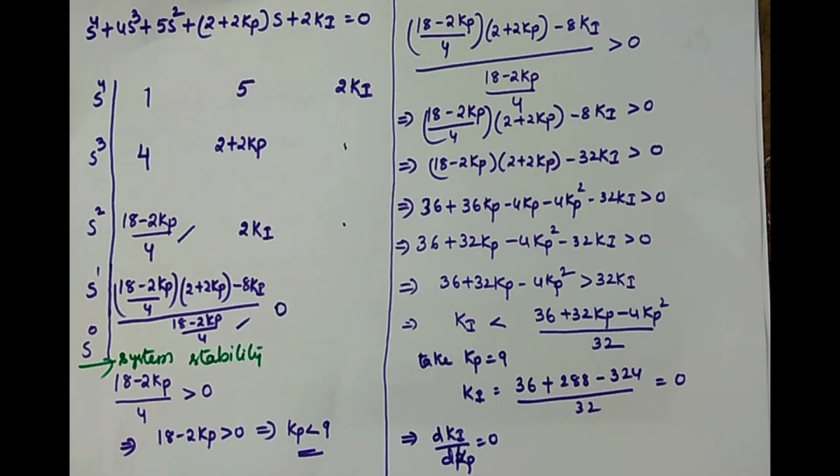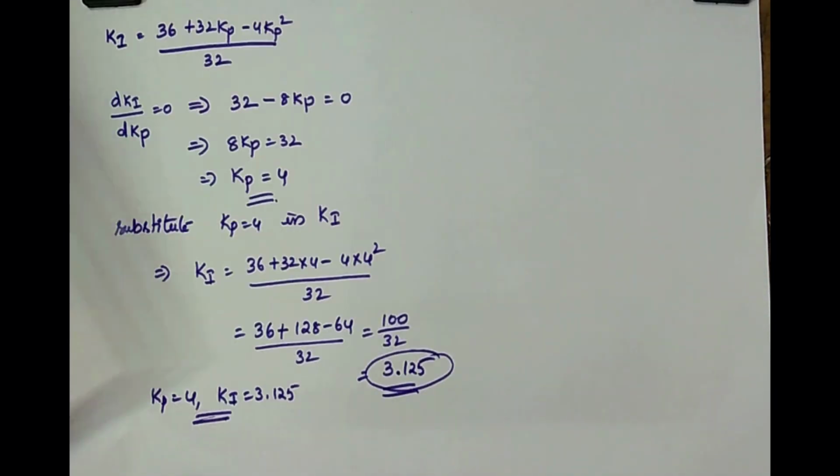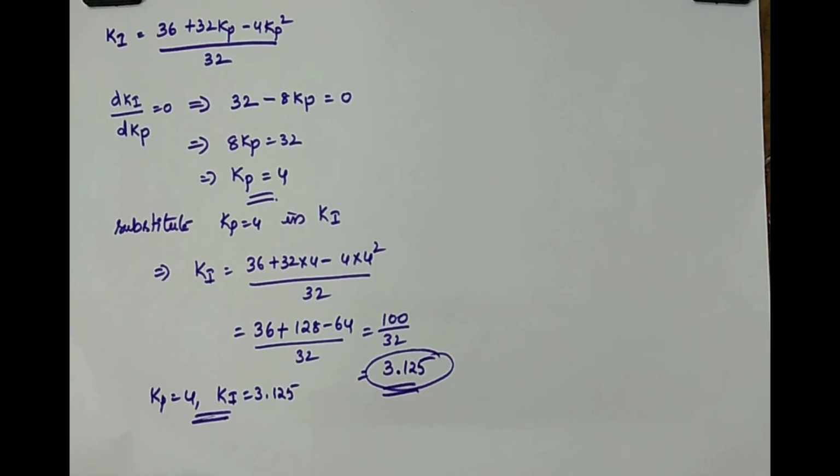But you have to check whether there exists any other value that can give an overall stable system. For that you have to do dKi by dKp equal to 0. With that process we got Kp equal to 4 and Ki equal to 3.125.